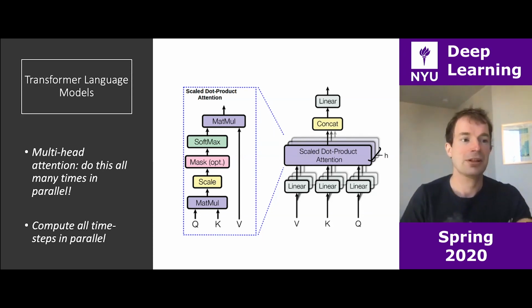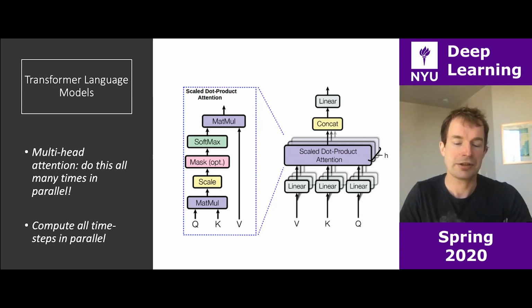So none of this computation of queries, keys, and values at a given time step depends on what you're doing at any of the other time steps. So unlike a recurrent network, you can actually compute all of these simultaneously, which plays very well with the kind of hardware we have these days. So not only are we going to compute all the different heads at once, we're going to compute all the time steps at once in a single forward pass.